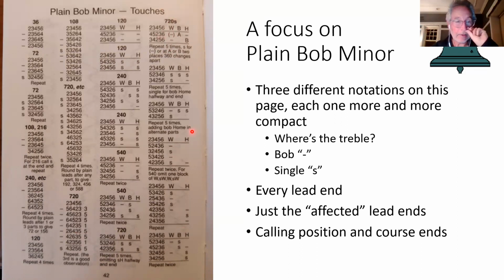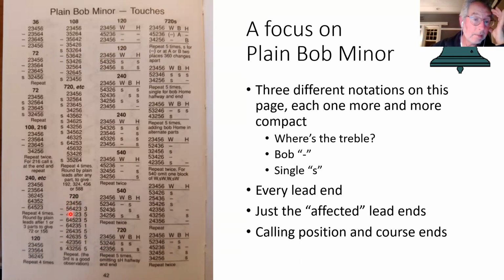But I thought it was a useful page because it shows the three different styles. So the style with the numbers, the 720 with the Here. I think that's typical for more like Grandsire. If you flick a few pages one way or the other, you'll find triples. You don't see it in Grandsire doubles, but certainly in triples and above.